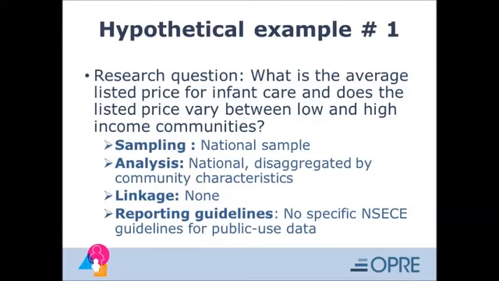So in this case, you can describe the high-income communities have an infant care price of whatever, and it is more or less than low-income communities. You've exploited geography, you've exploited linkages to the census data, but in your case, it's a quite straightforward analysis using public use data.